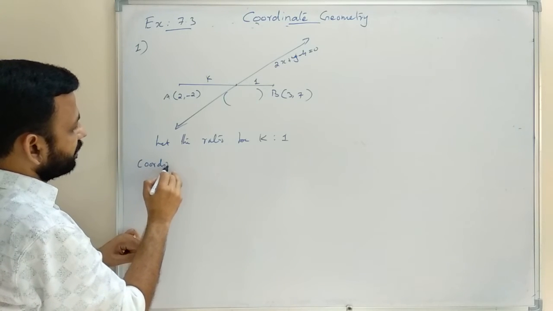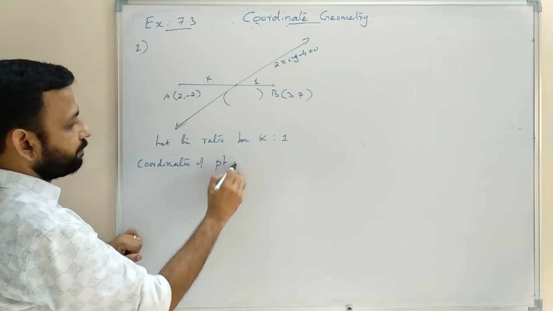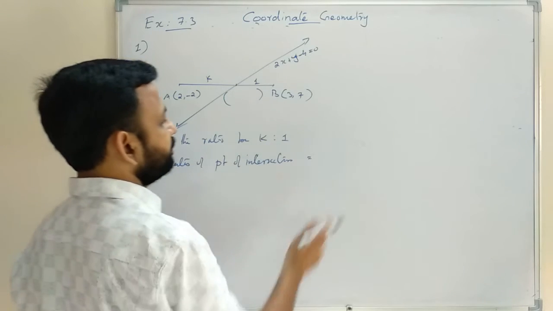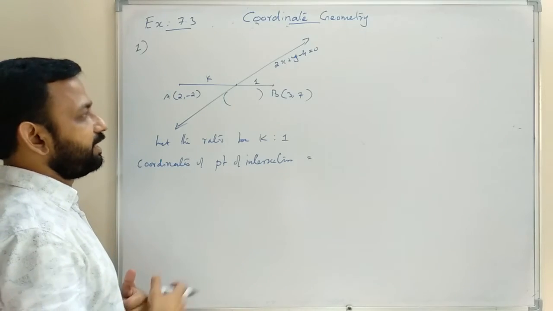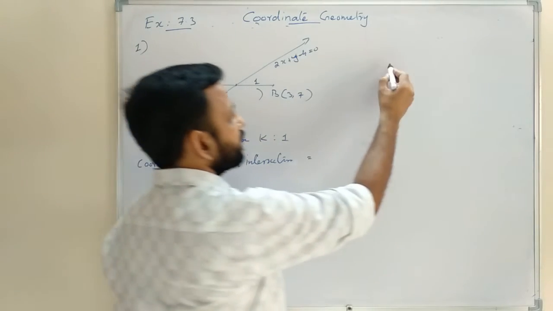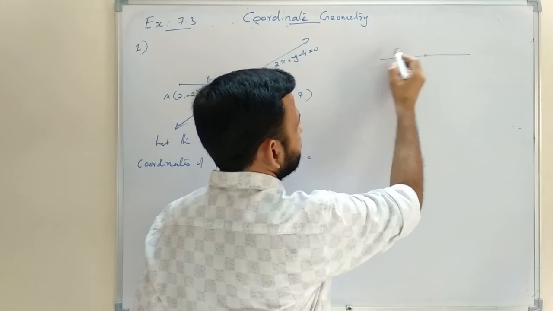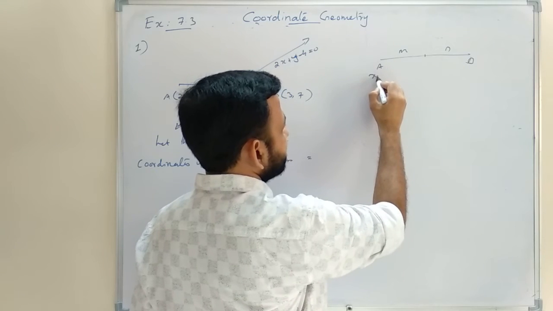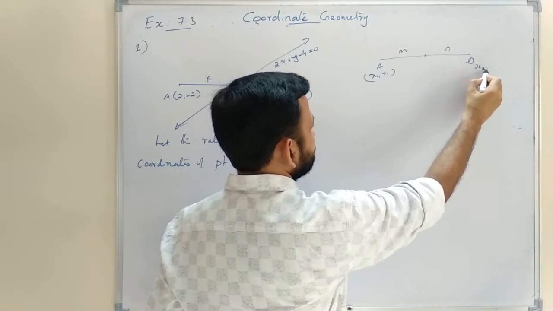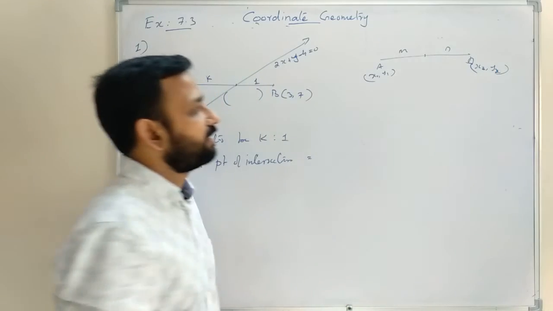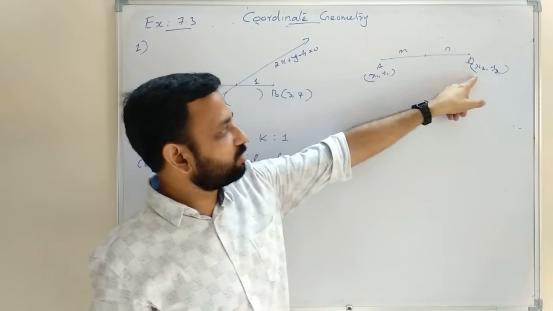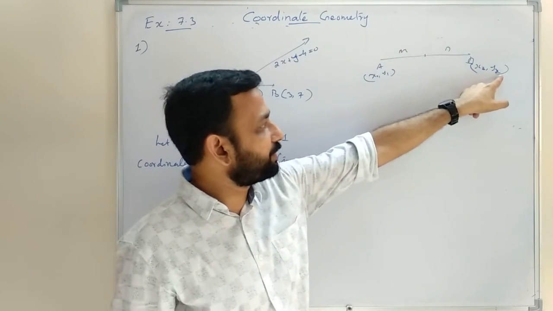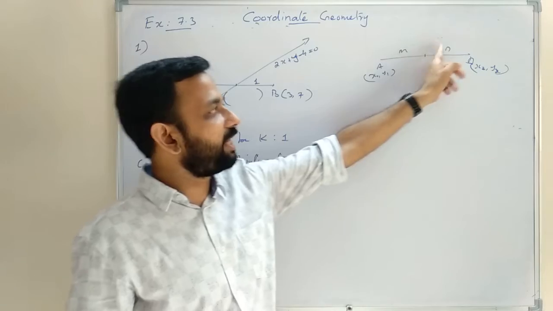The formula we already learned: if AB is divided in the ratio m is to n, with points (x1, y1) and (x2, y2), then the x coordinate is (m x2 + n x1) divided by (m + n), and the y coordinate is (m y2 + n y1) divided by (m + n).